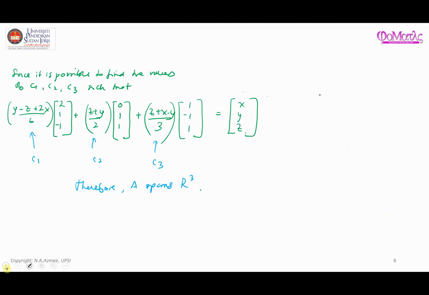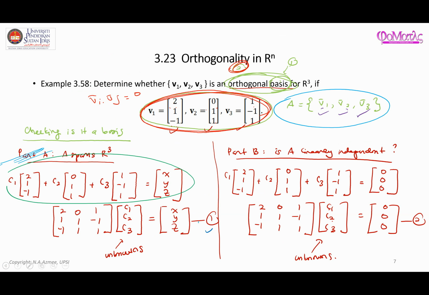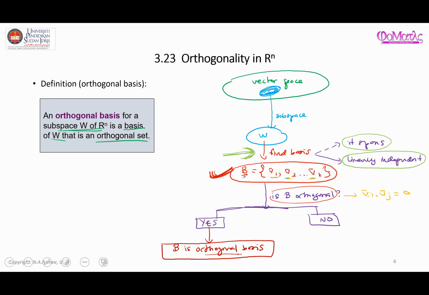Again, let me just emphasize the process of showing it is an orthogonal basis. The process is, we need to find the basis first, or we need to check whether it is a basis. So here we have a set of vectors, and we need to check if it is a basis.